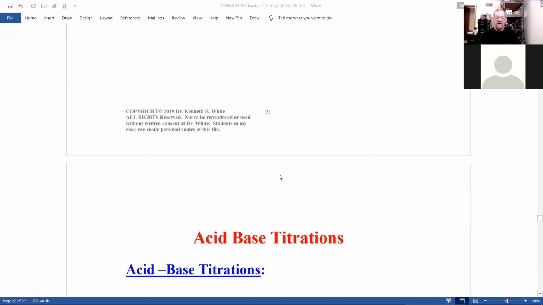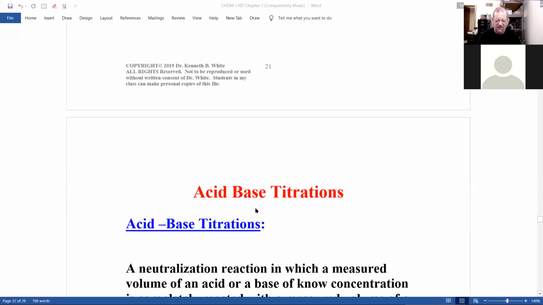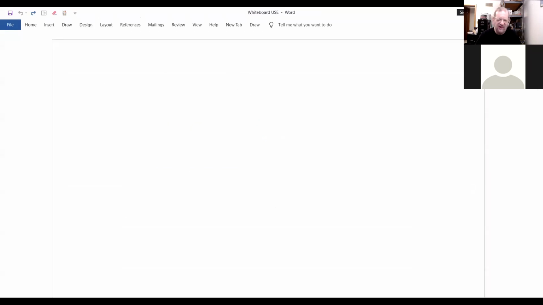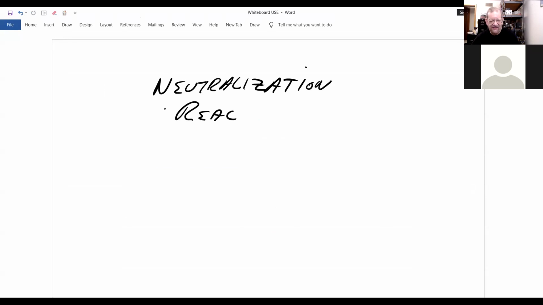All right. One of the things I talked about yesterday is neutralization. And actually, it's a reaction. That's when you take an acid and react it with a base.